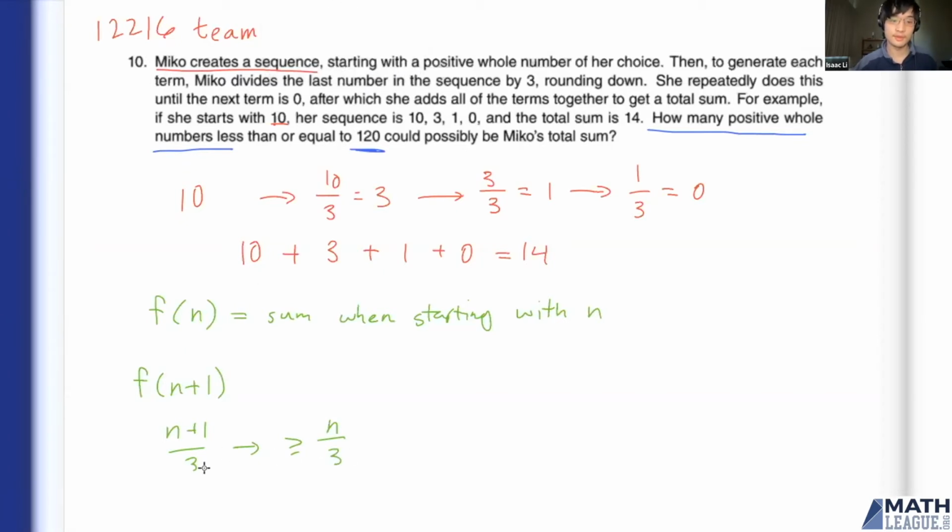So if this was our next term, a sub 1, and this was b sub 1 for the sequence for n, then a sub 1 is greater than or equal to b sub 1. Then we take a sub 1 and divide it by 3. This result is going to be greater than or equal to b sub 1 over 3. Because a sub 1 is larger than or equal to b sub 1, when we divide it by 3 and round down, it's always going to be greater than or equal to.